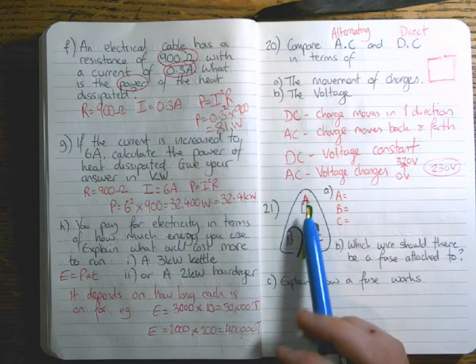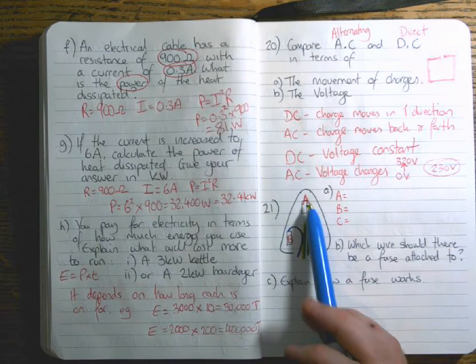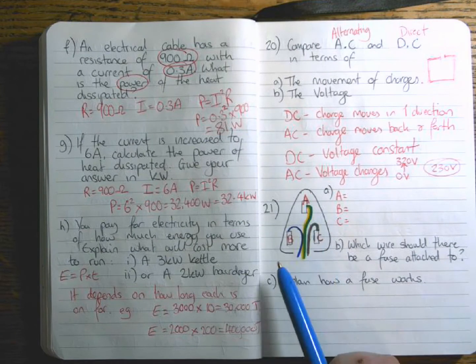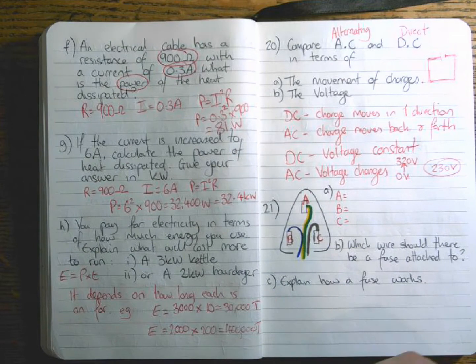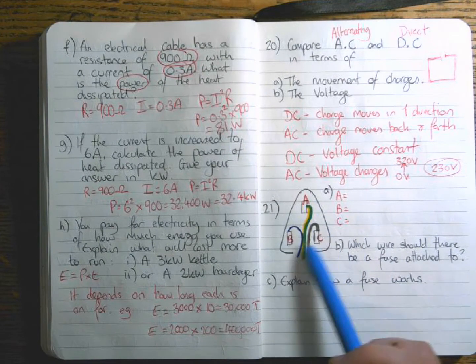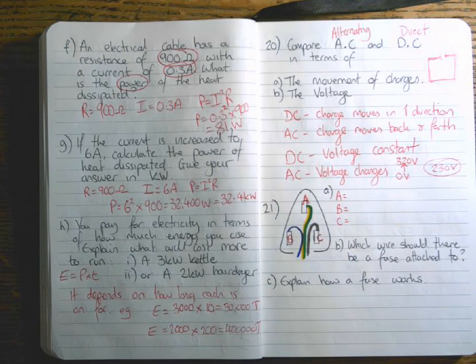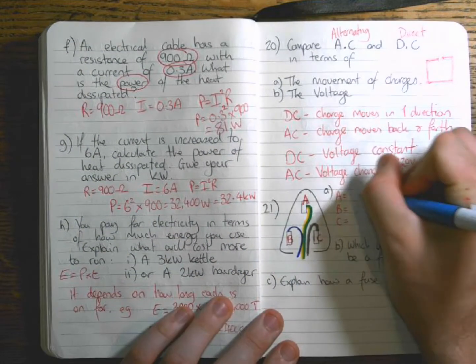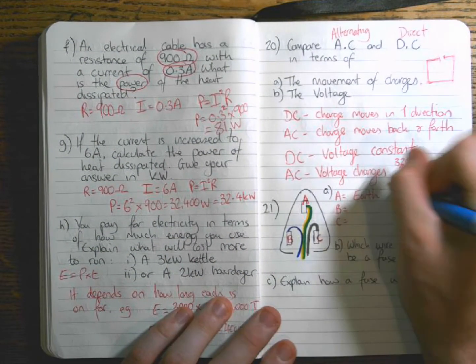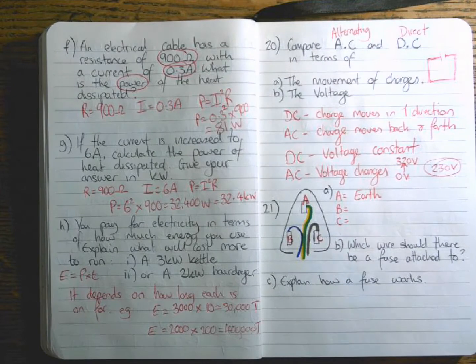The next question. I'd like you to tell me the name of those 3 wires in a plug. We've got a green and yellow, we've got a blue, and we've got a brown. A, B, C. Well, A, the green and yellow one, is known as the earth wire. Remember that because it's got green on it.